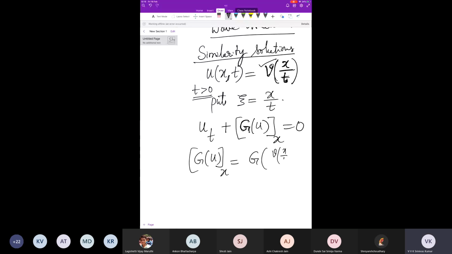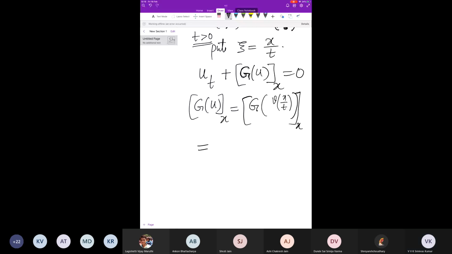With respect to x, what is this? It is like a chain rule. There is a function g also, and a function v also. So it is g prime of v of x by t, treating this as a single variable, into v prime of x by t.